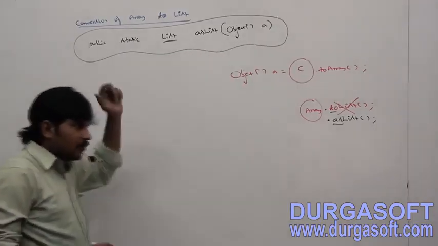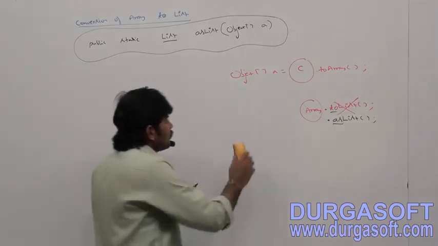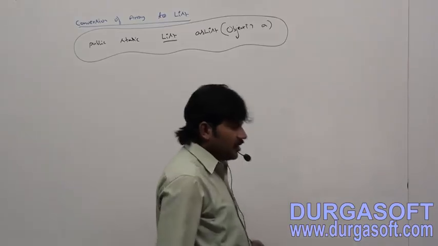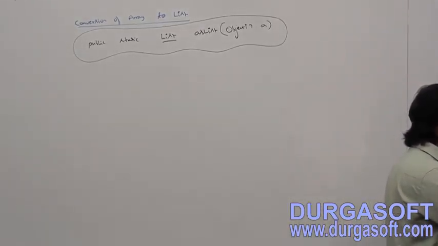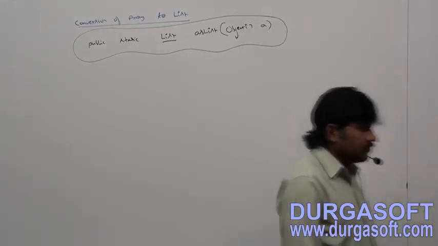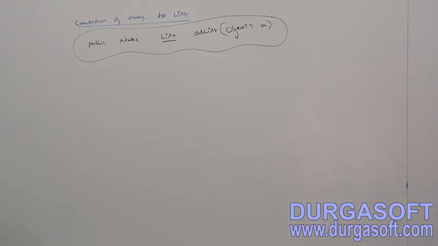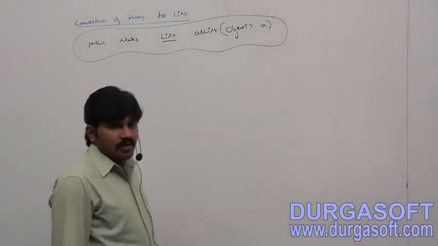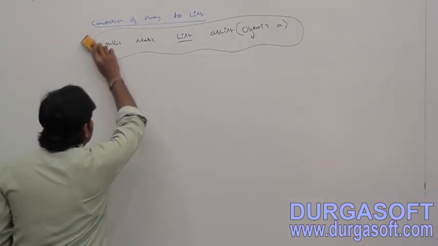Take this method first: public static List asList.